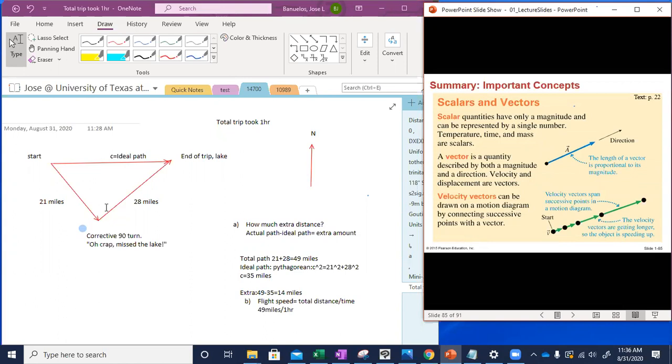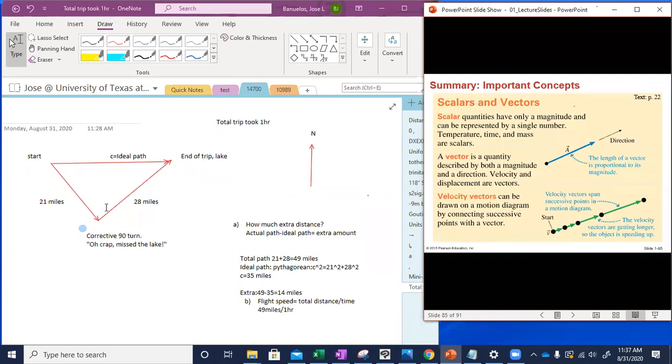For example, one particular problem that we'll do later as well is you might have a velocity vector where, let's say you're on a little two-passenger plane, flying straight north at 100 miles an hour. Maybe we're pointing to Albuquerque.